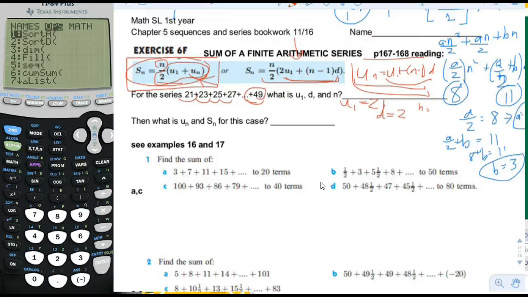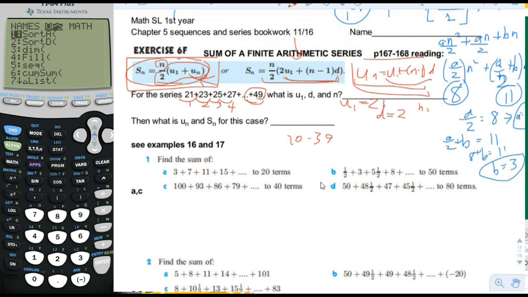Now, 21 is 1, 23 is 2, 25 is 3, 27 is 4. Now, let's start counting on our fingers. Let's see. We have 29 is 5, okay? 31, 33, 35, 37, 39. 39 is the 10th term.